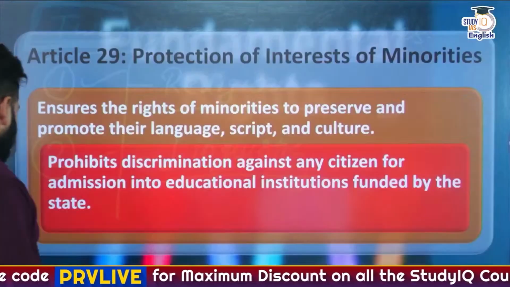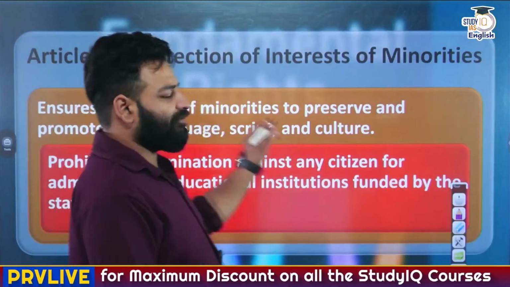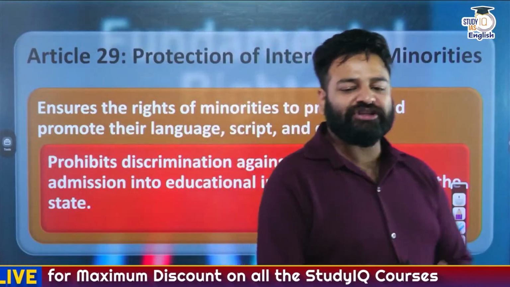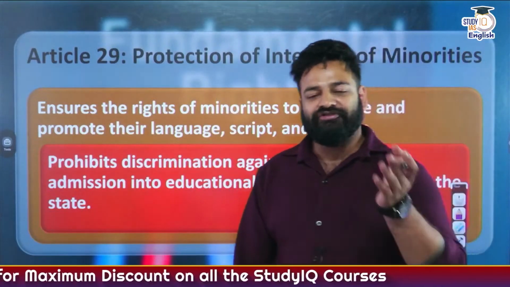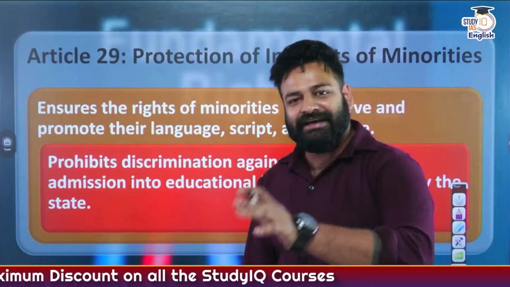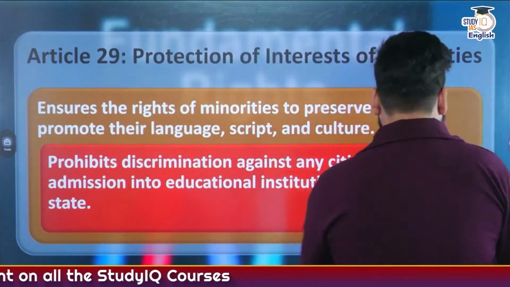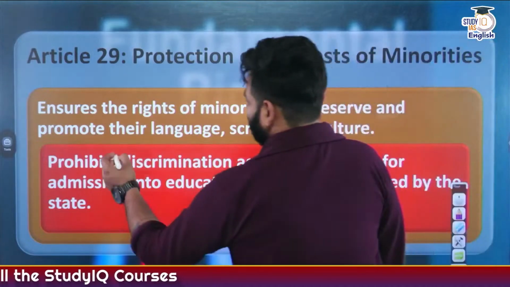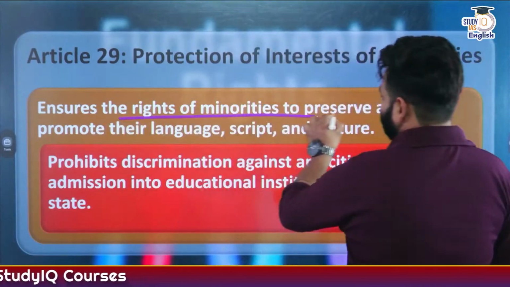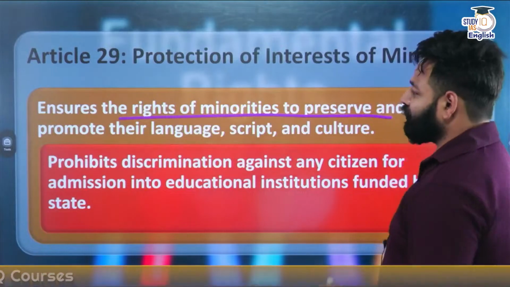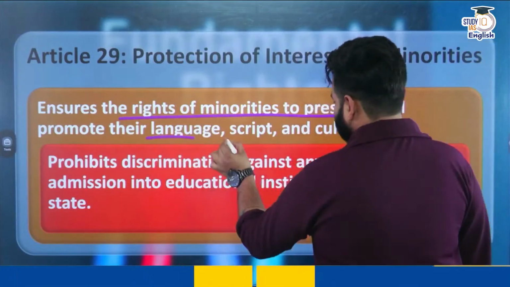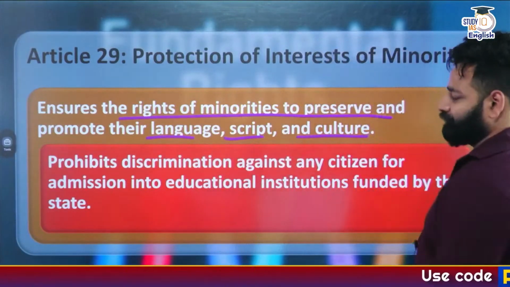Now Article 29, protection of interests of minorities. Which minorities? Obviously religious as well as linguistic. It ensures the rights of minorities to preserve and promote their language, script, and culture.